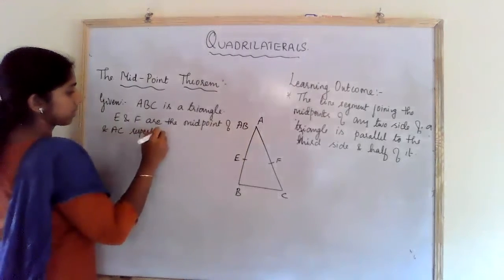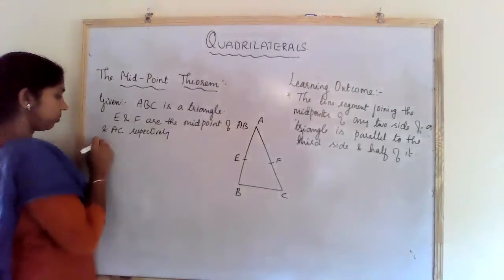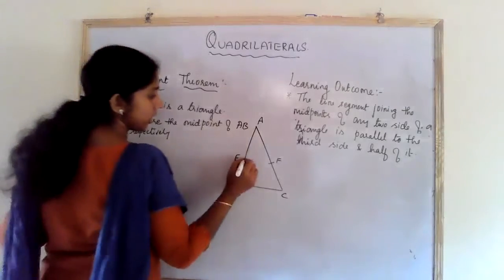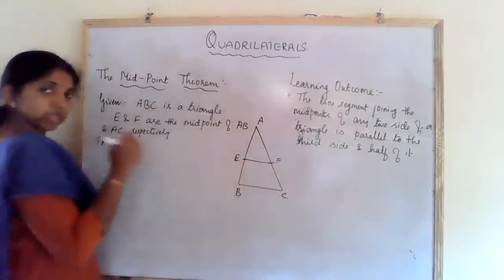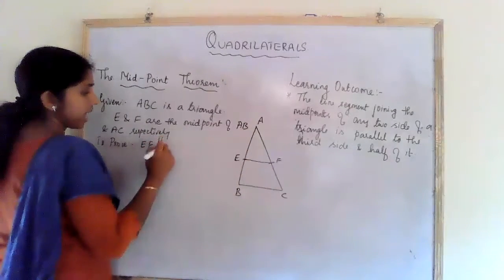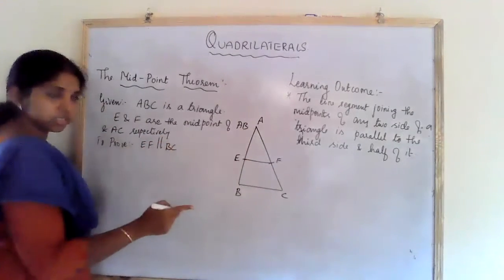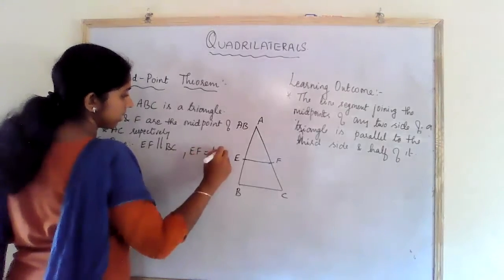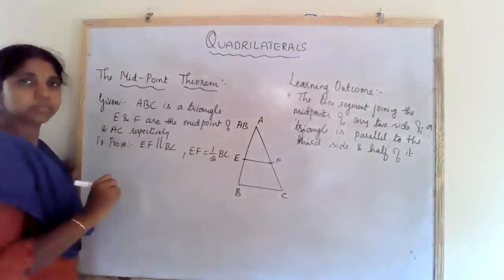Now to prove: the line segment joining the midpoints of those two sides, that is EF, is parallel to BC, the third side, and EF is half of BC. This is what we have to prove.